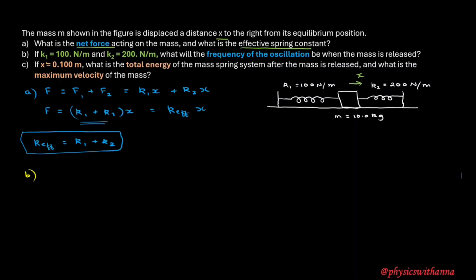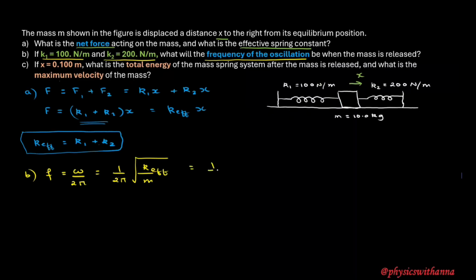Now in part B, they have given you the value of K1, which is 100 Newton per meter, and K2, 200 Newton per meter, and we need to find the frequency of oscillation when the mass is released. Now the frequency of oscillation f can be given as omega over 2 pi, which is 1 over 2 pi square root of K over M. And K here is the effective spring constant because you have two springs in motion.